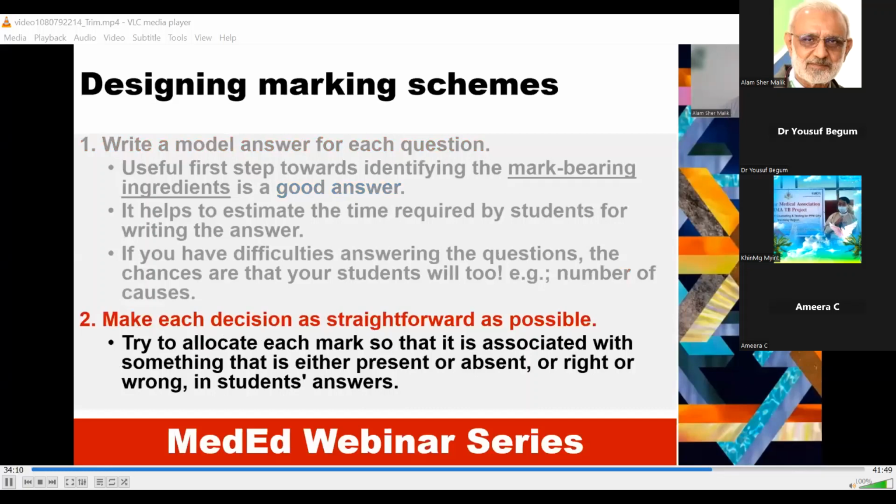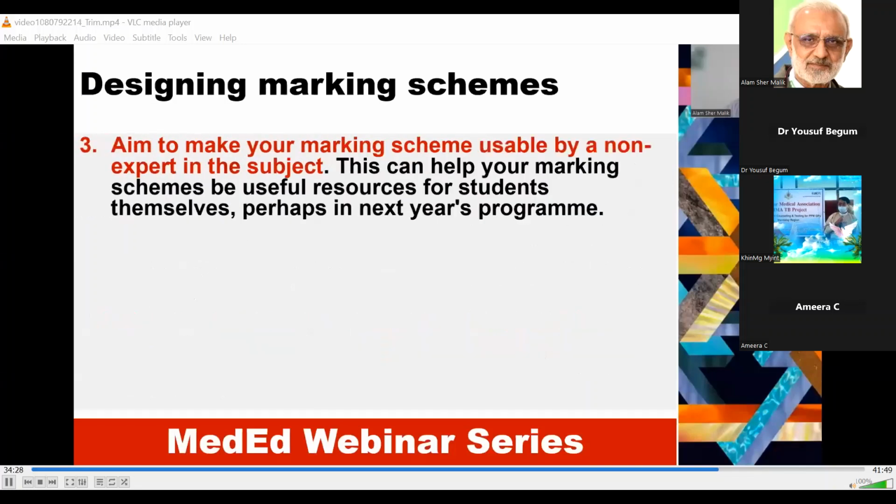Number 2, make each decision as straightforward as possible. Try to allocate each mark so that it is associated with something that is either present or absent, or right or wrong in students' answers. Aim to make your marking scheme usable by a non-expert in the subject.